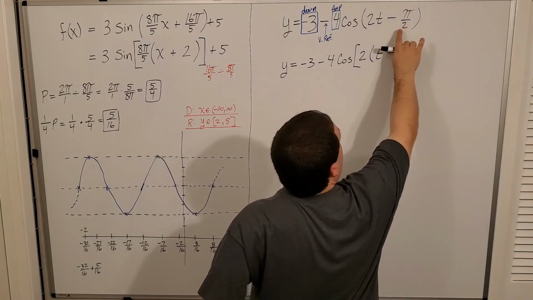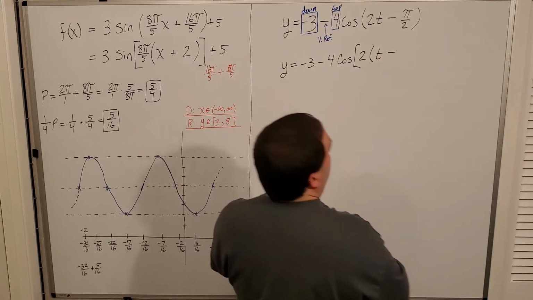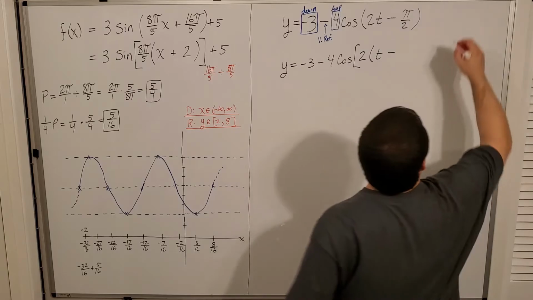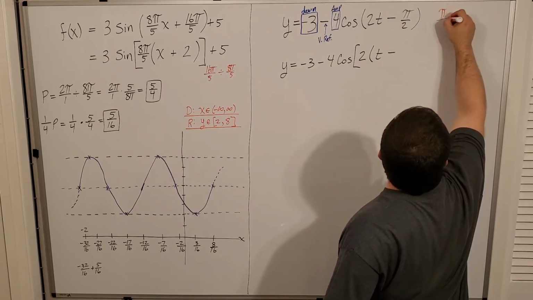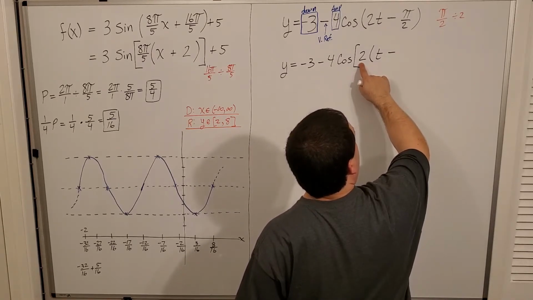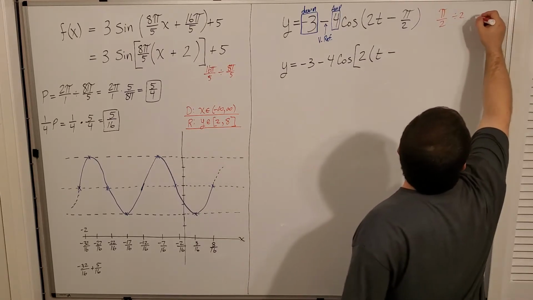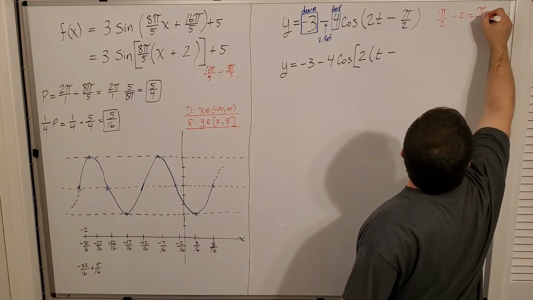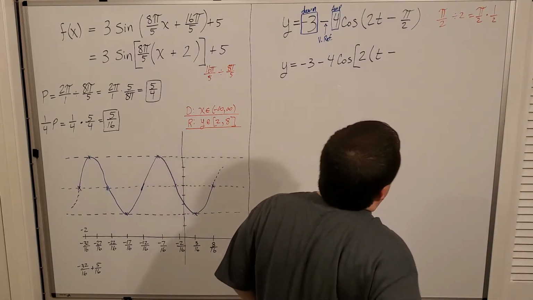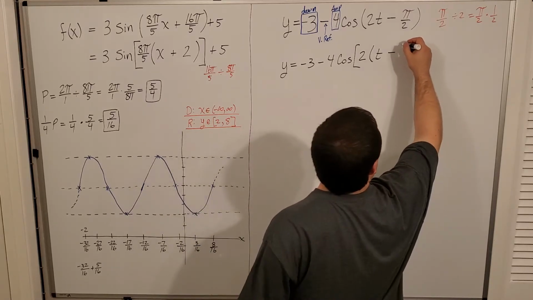And then if I factor a 2 out of here, notice that what I'm really doing is pi over 2 divided by 2. Because I'm factoring out a 2 here. And that's the same thing as pi over 2 times 1/2. So then what I get is pi over 4.